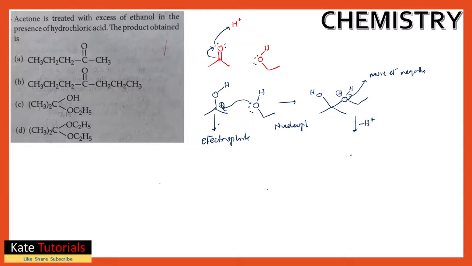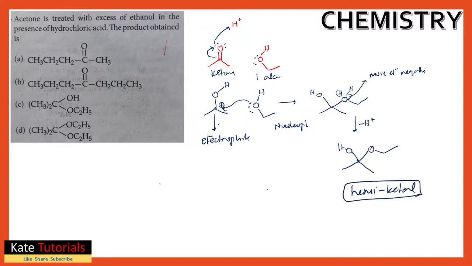I remove that H plus, and I get OH here, and O, CH2, CH3, and the rest remains as it is. This is what we call a hemiketal. Ketones, when they react with one molecule of alcohol, form a hemiketal. If you open the NCERT book, you will see this name, hemiketal, hemiacetal.